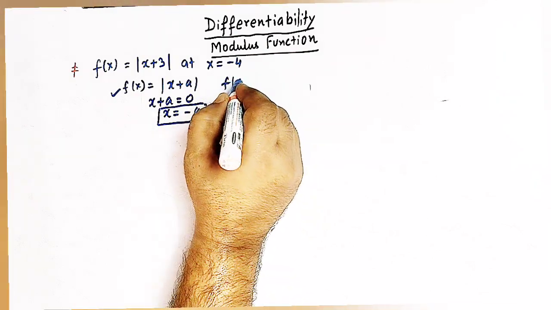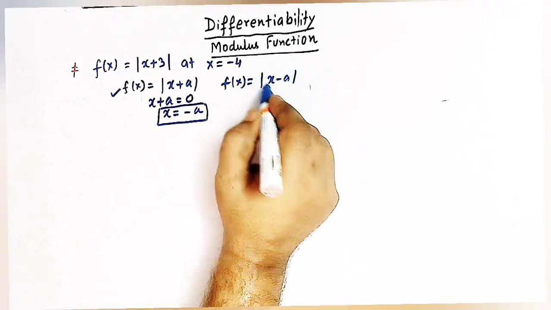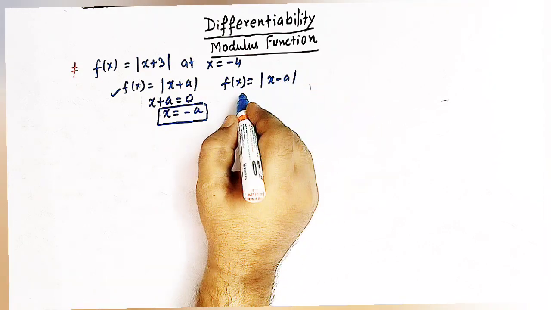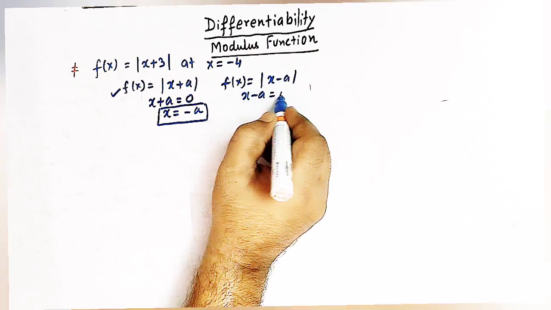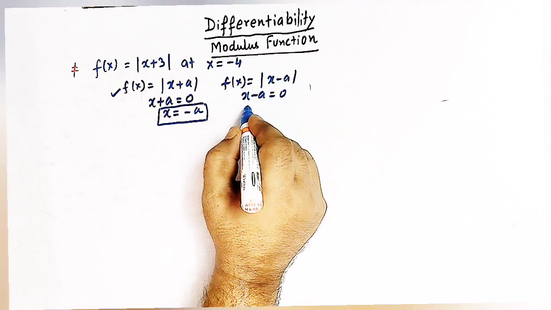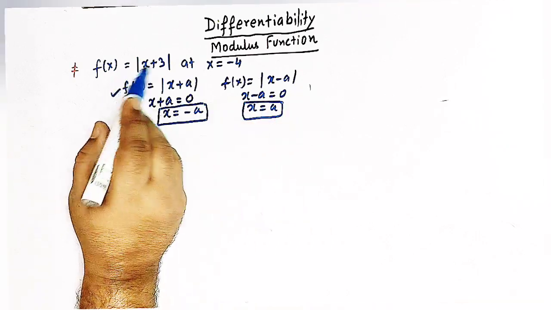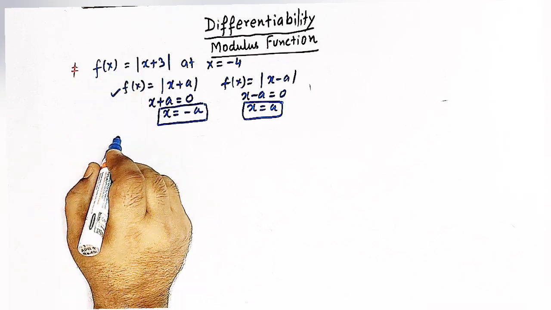Now if we have a function of this type, say mod of x minus a, then this function is continuous for all real numbers, and it is not differentiable at the point where x minus a is equal to 0, that is x is equal to a. In this problem we have the function mod of x plus 3.